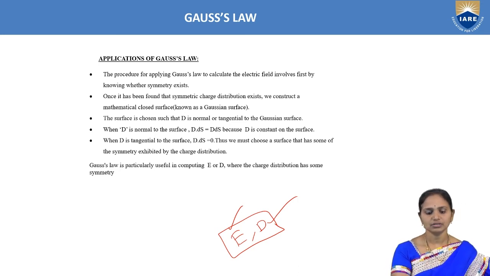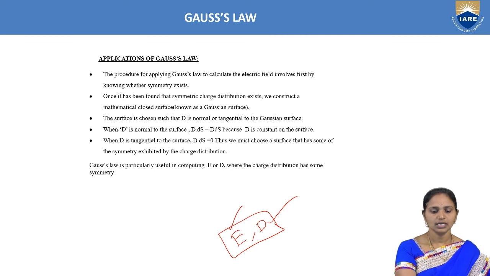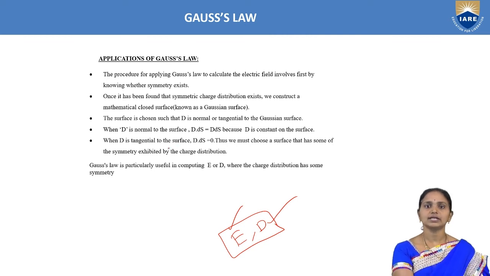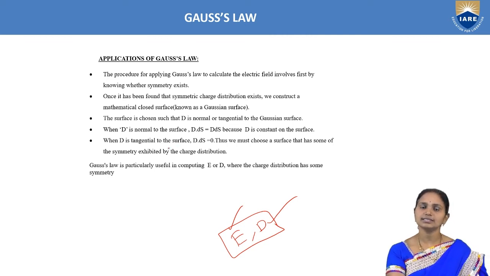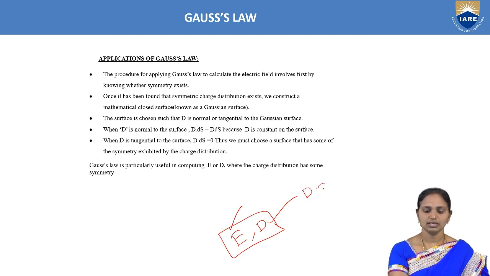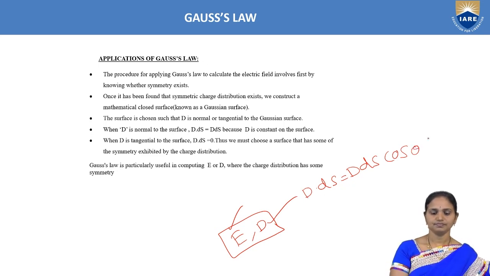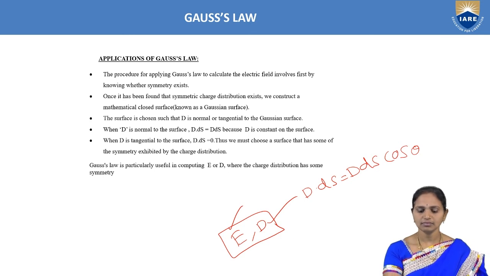And now here, if D is normal to the surface, D dot dS we can take as D dS into cos theta. If D is normal, then theta will become 0 degrees. Then D dot dS will become D into dS because of cos 0.